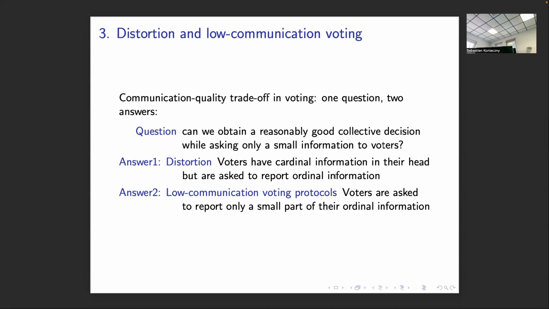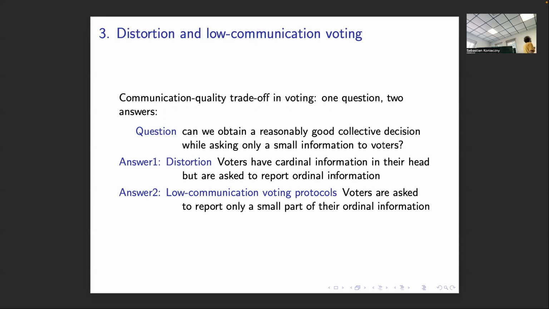It puts too much cognitive burden. So if you ask too much information or too much time from voters, many voters will give up and will not vote. So communication is a very important thing in voting, if you really want to incentivize people to vote.